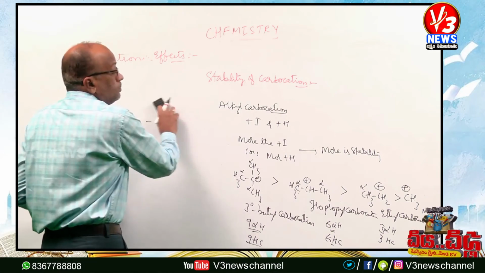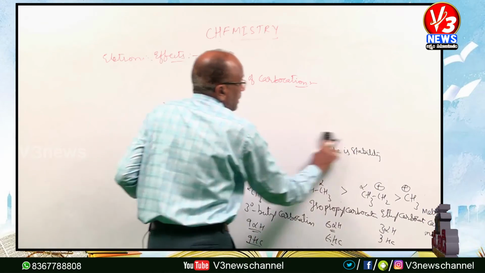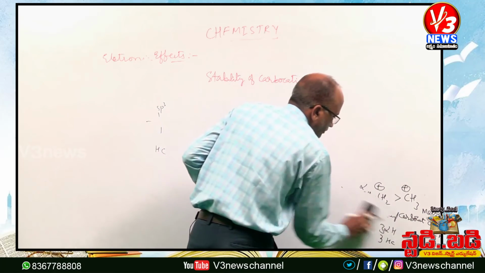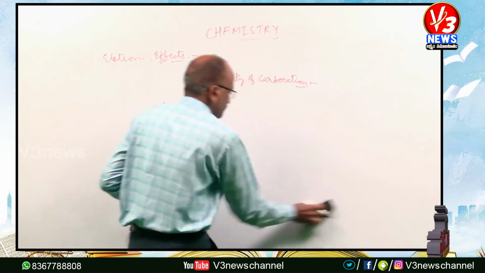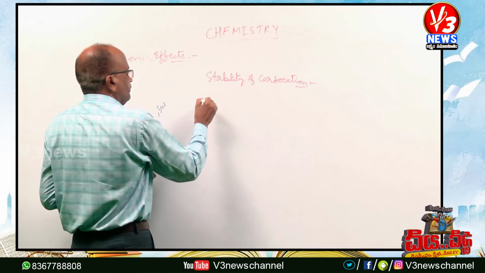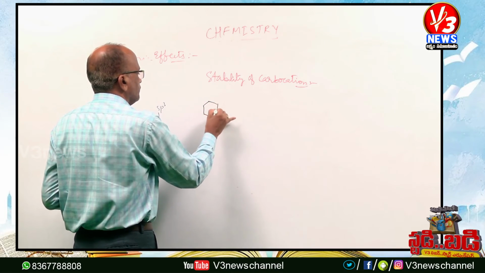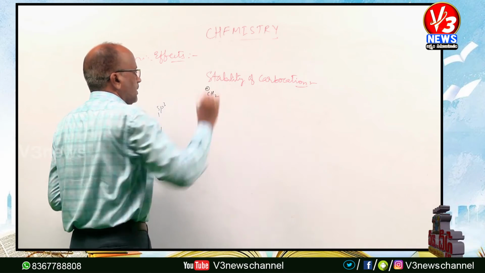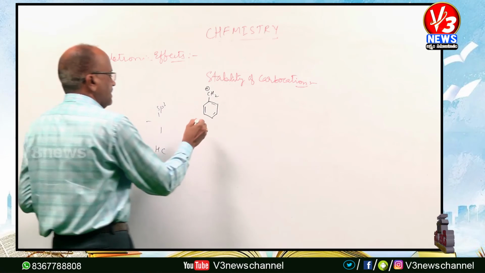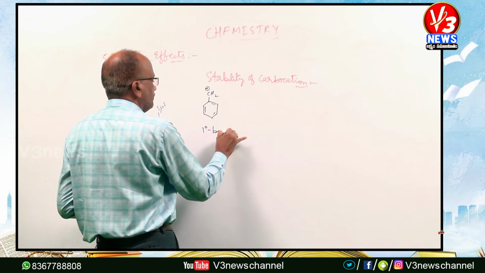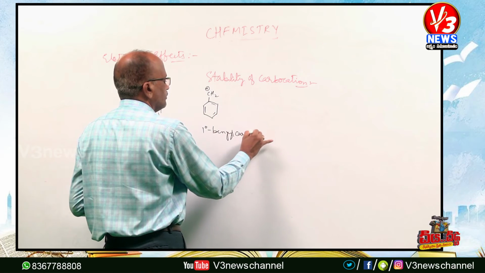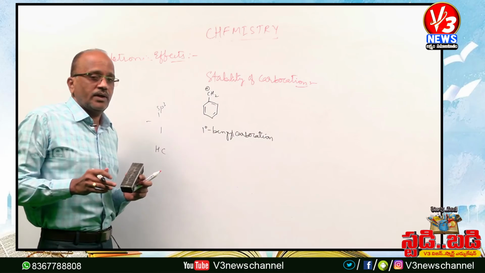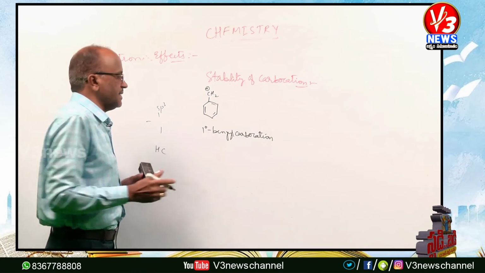Now come to aryl carbocations, like benzyl carbocations. CH2 plus. This is a primary benzyl carbocation. The stability of benzyl carbocations is based on resonance.